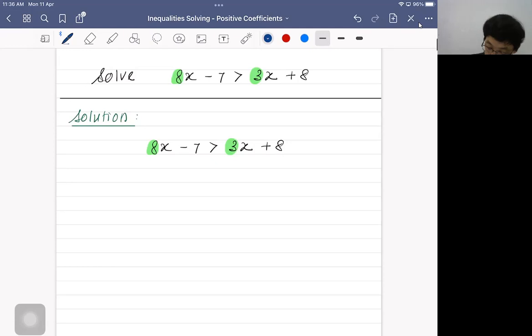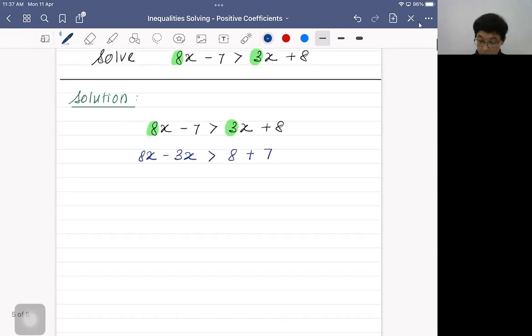That's what I'm going to do. So 8x, I'm going to minus 3x both sides so that we can get this. And at the same time, I'm going to plus 7 both sides in order to gather the constant on the right-hand side.